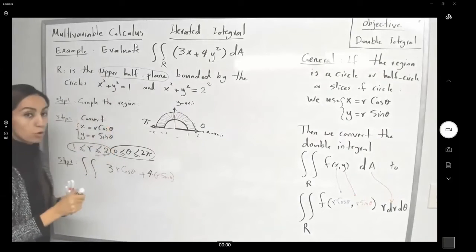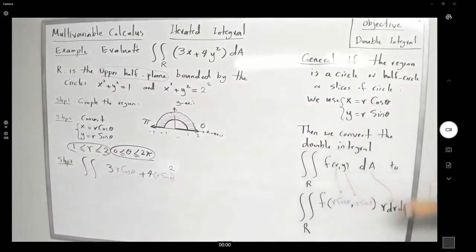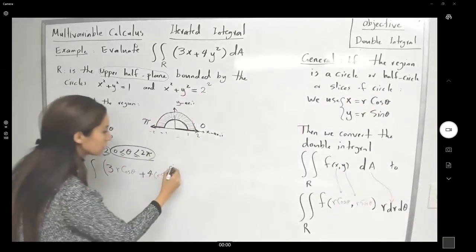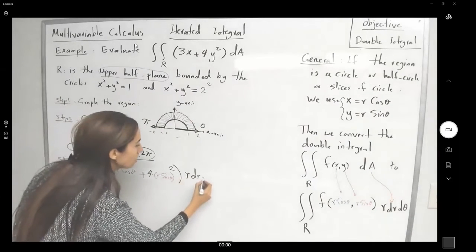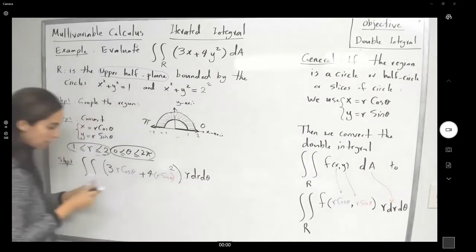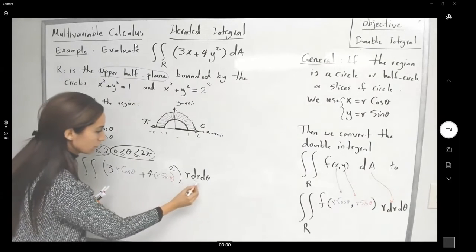Well, don't forget about your dA, which is now r dr d theta. So let's put this guy in parentheses, r dr d theta. Well, r, as we know, bounded between 1 and 2. So this is my r.